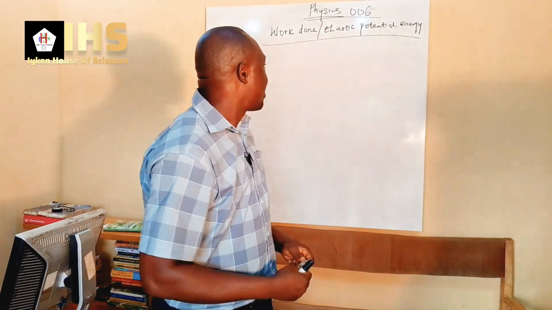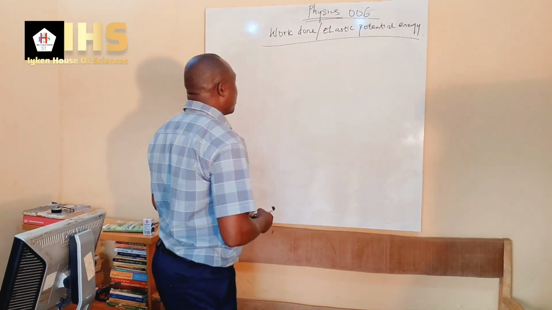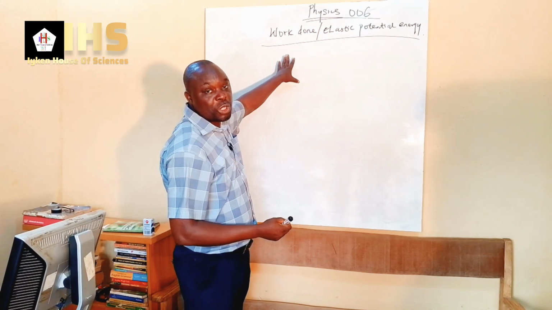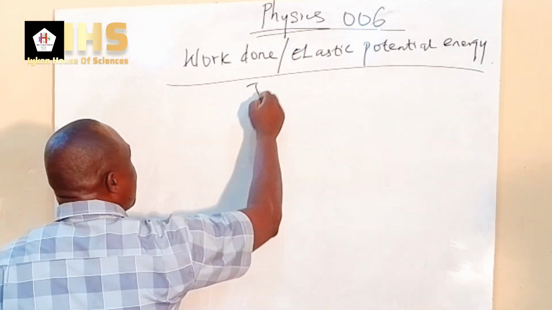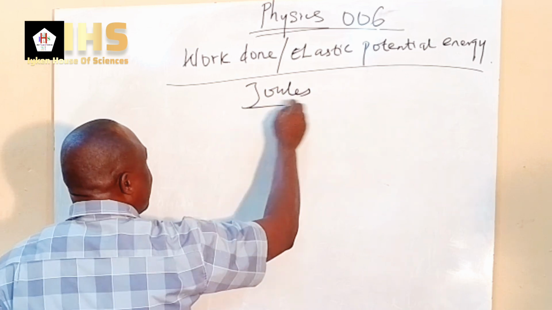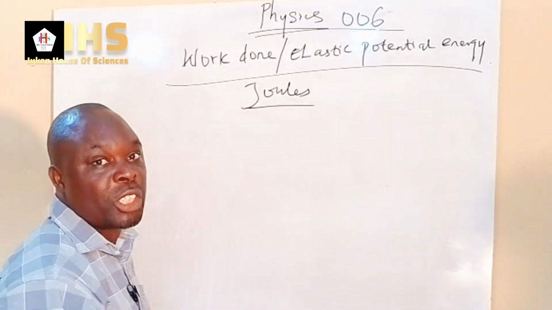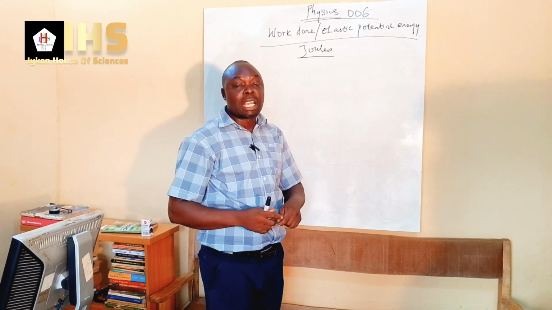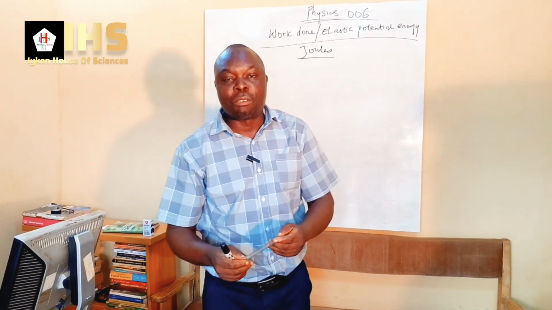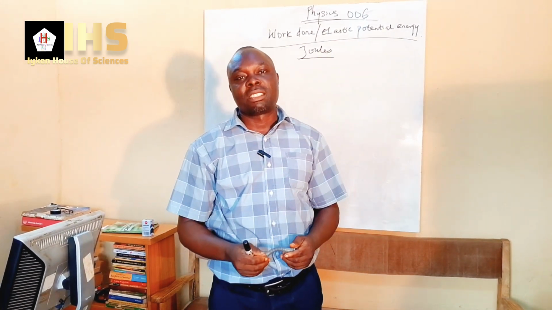Now this work done is measured in joules. The potential energy is also measured in joules. It is that potential energy it possesses that helps us to do the work of stretching or compression.